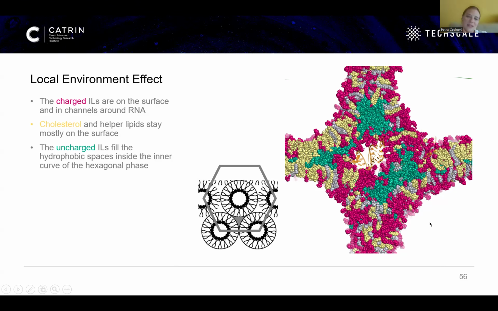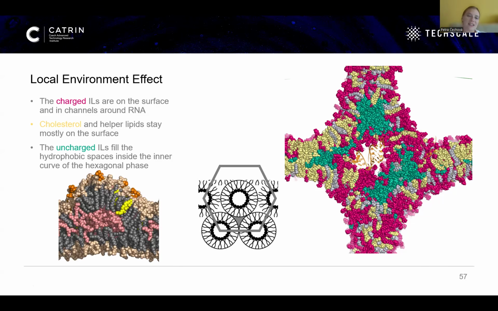And we can also see that the ionizable lipids in the uncharged form, in the green, they actually fill, because they are more hydrophobic. Because they don't have the charge on the nitrogen, they localize inside of the structure and fill all of these spaces between the curvature, so that the whole system is in an energetically favorable state.